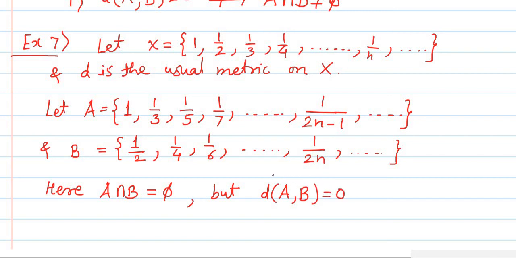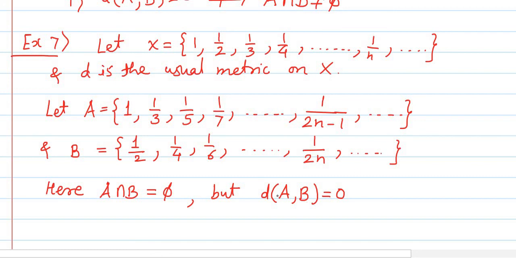Why is it 0? Because if we consider the distances, then the distance of 1 from 1 by 2 is 1 by 2. Distance of 1 from 1 by 4 is 1 by 4, and so on. If you consider all such distances, then as we go towards the right side, the distance between the corresponding points will be very, very small, and it will tend towards 0.